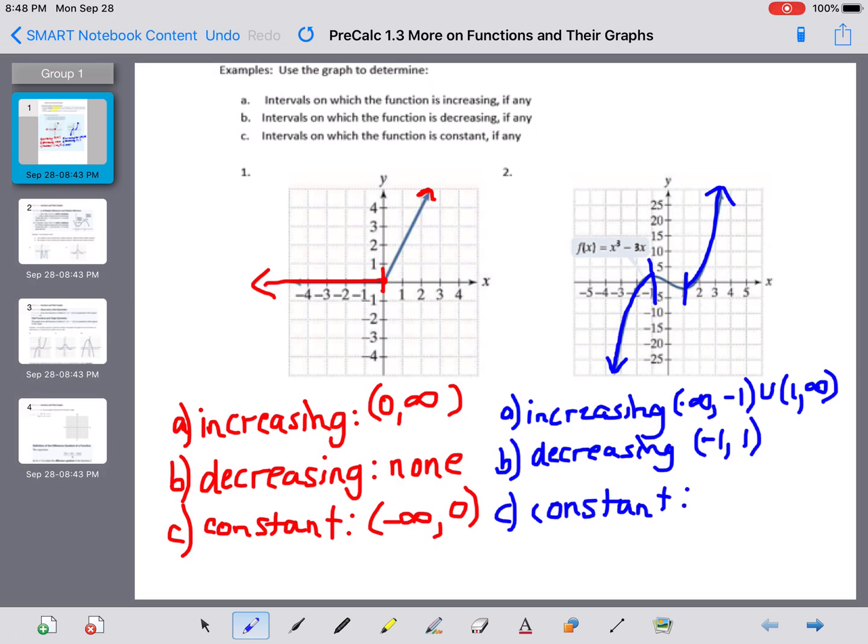And I'd have to say in this case there is none. Okay, so increasing, decreasing, constant, it all depends on what we're looking for the y to do, but we list it by the x interval on where that is taking place. All right, page 2.